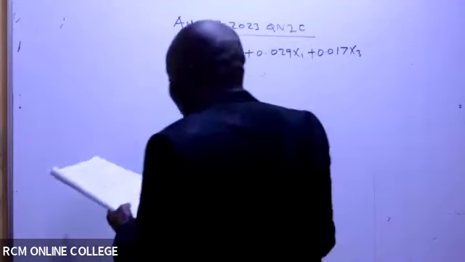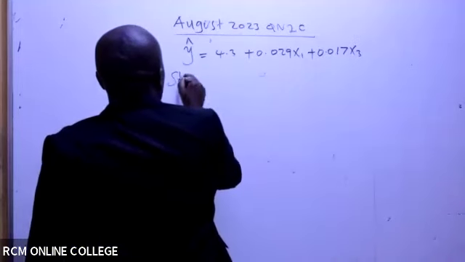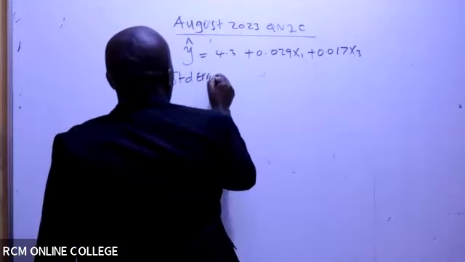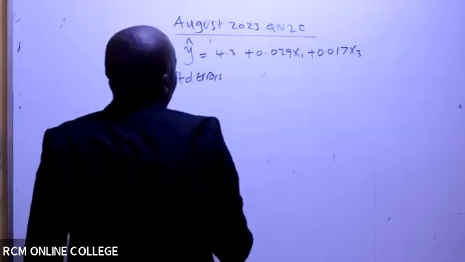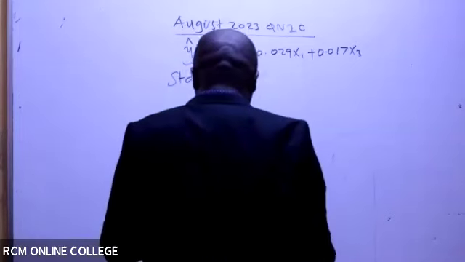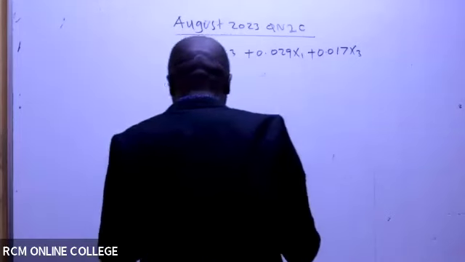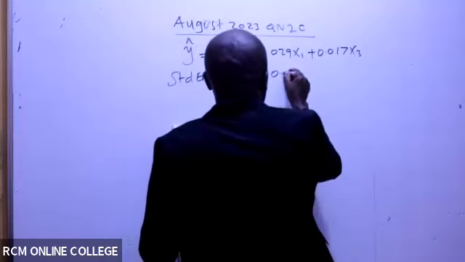And then they have given us what we call the standard errors. The standard error for predictor 1 is 0.074.